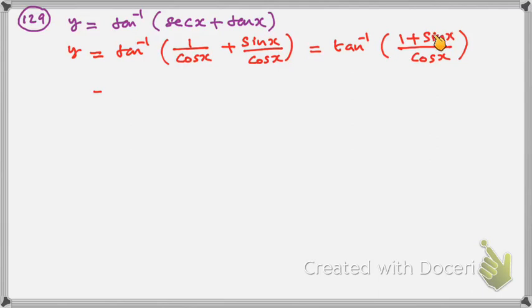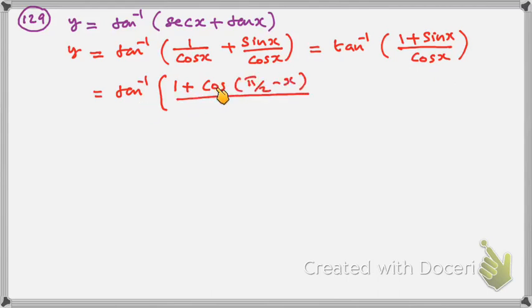So sin x can be written as cos of pi by 2 minus x. But if I change the angle in the numerator, then I need to change the angle in the denominator as well, which means cos x should be written as sine of pi by 2 minus x. So it's going to look like this: tan inverse of 1 plus cos of pi by 2 minus x, where I rewrite sin x as cos of pi by 2 minus x.